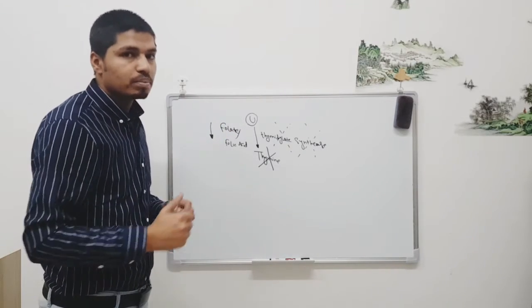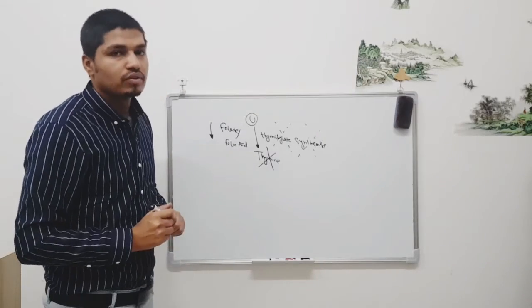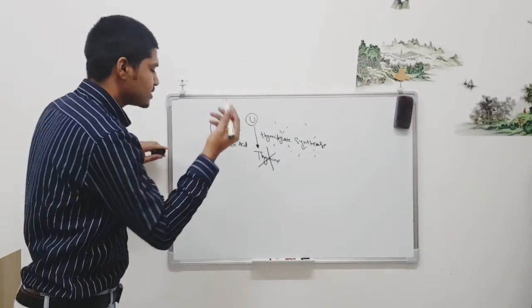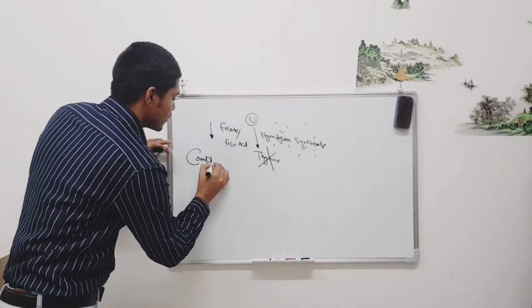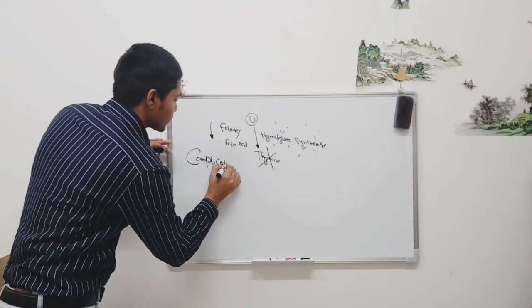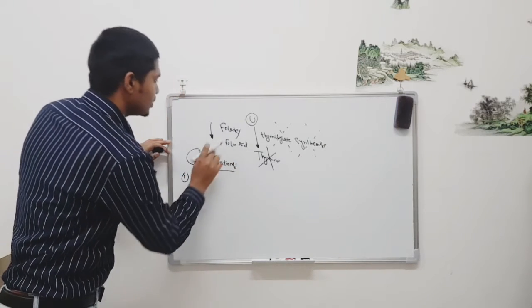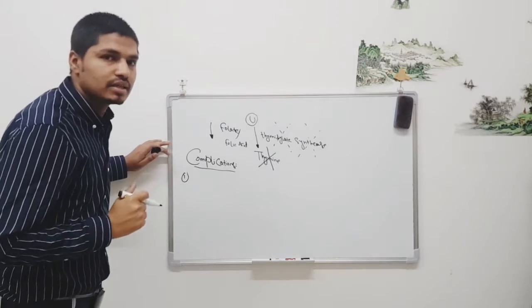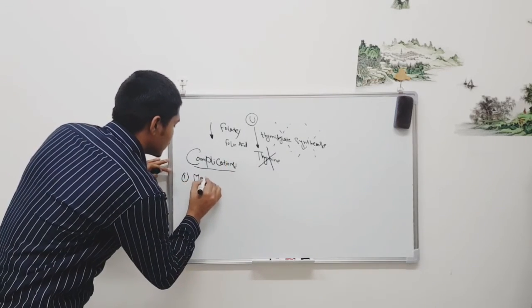So what are the complications which can occur if there is a deficiency of the folate molecule? Let's discuss the complications related to folate or folic acid deficiency. The first one is megaloblastic anemia.